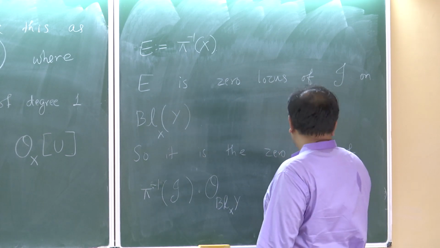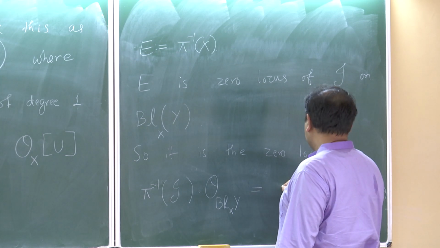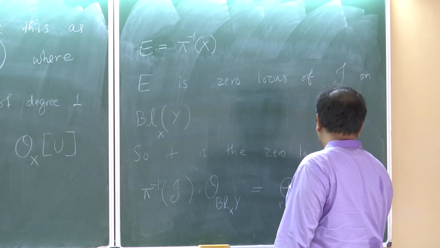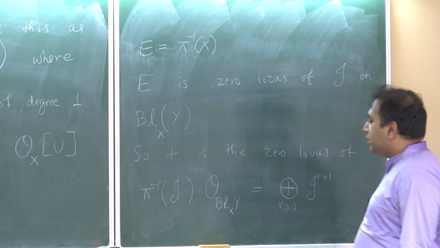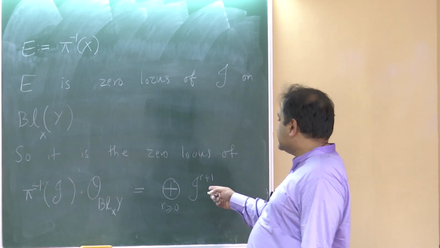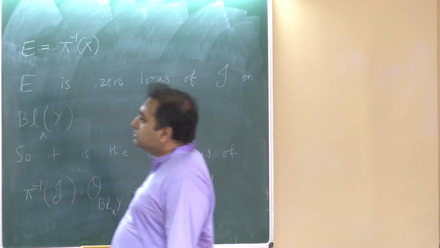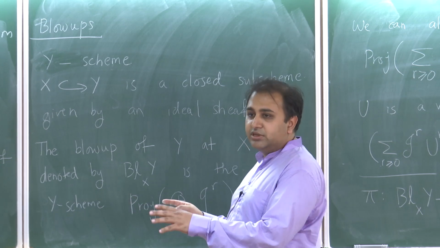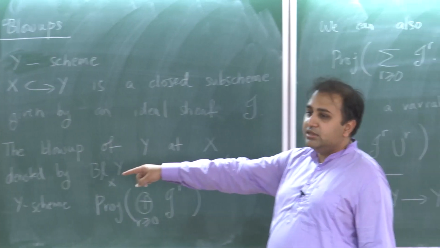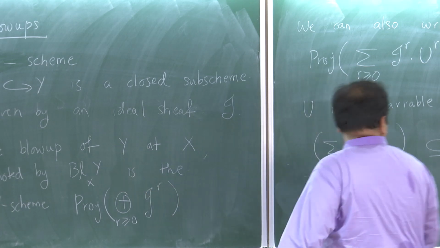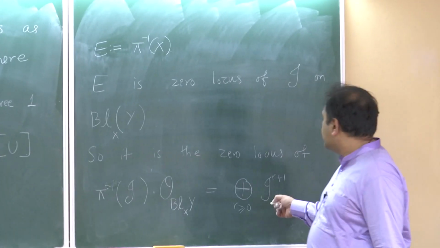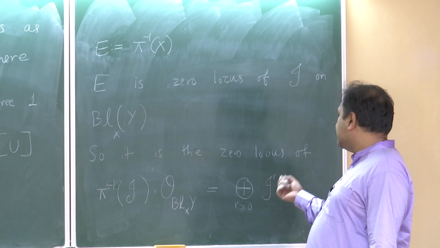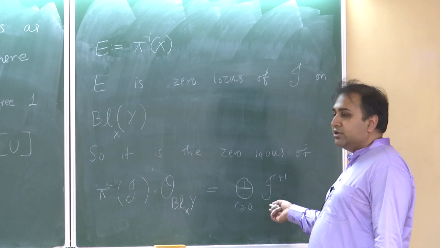So this is equal to the direct sum over r greater than or equal to 0 of I to the r plus 1. Now if I shift it to the left, basically I would have O_X in degree minus 1, and then I would have this. But what I want to say is: if I take this graded module, what is the graded quasi-coherent sheaf associated to it?